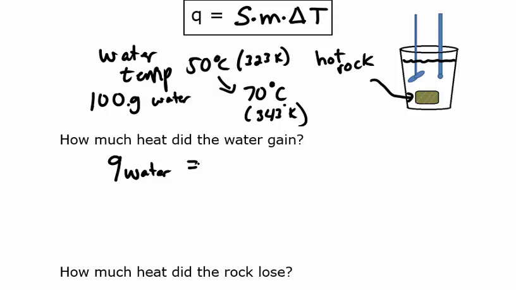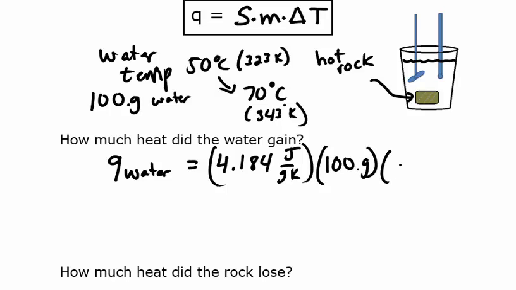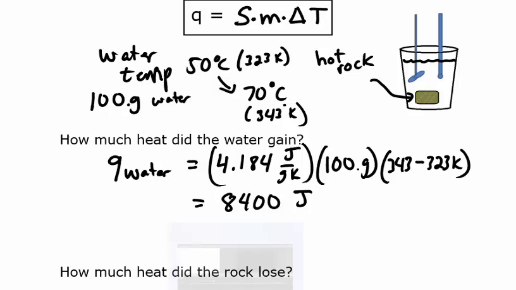All right, the specific heat for water we get from that chart, 4.184 joules per gram Kelvin, and the mass of our water is 100 grams, and delta T is the final temperature minus the initial temperature, which is 343 minus 323 Kelvin. And so we can solve for that, and we get 8,400 joules. I'm not going to worry about sig figs for the moment. All right, so that's how much heat the water gained.